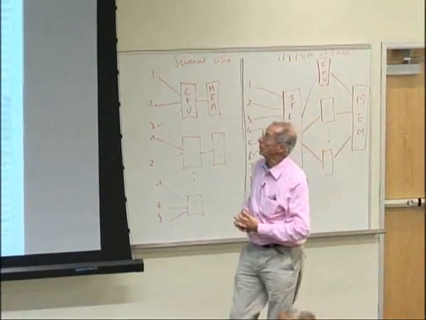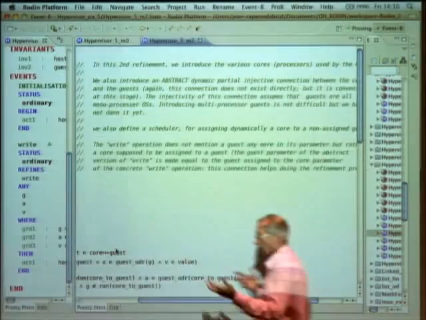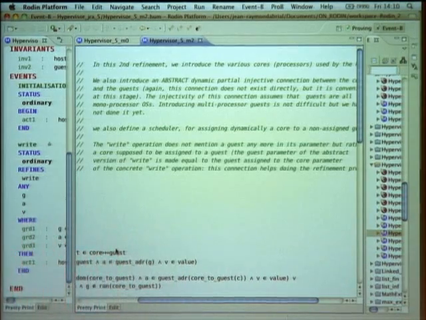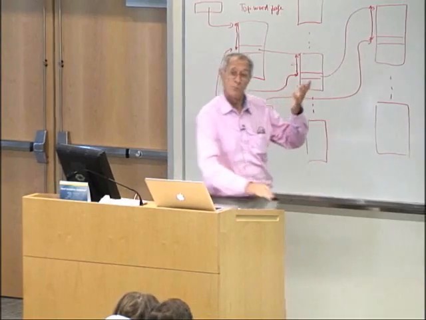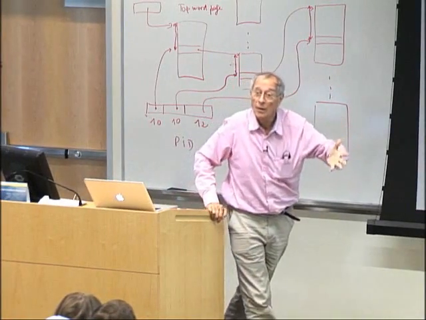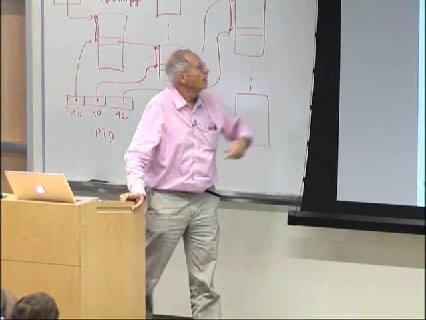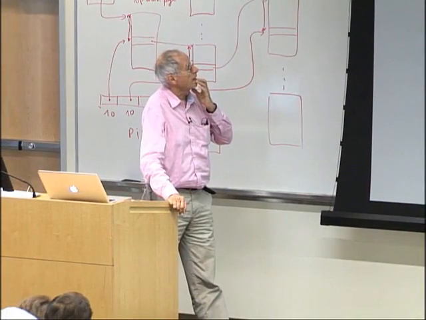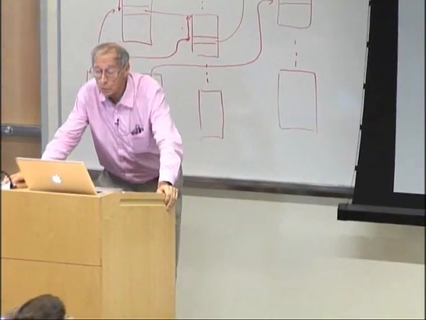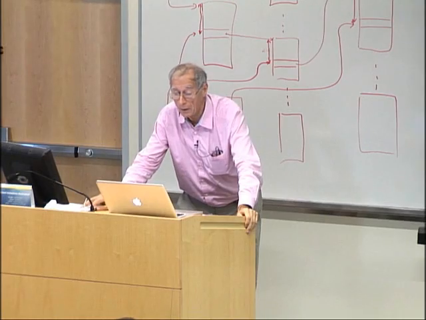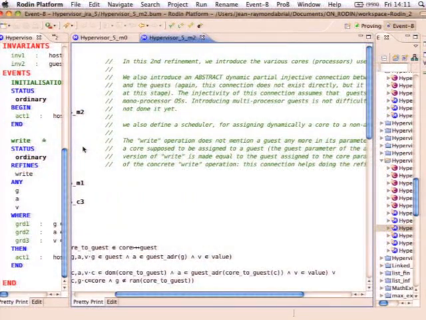So we introduce the various cores, and again, we have an abstract connection, a partial injective connection, partial because we might have more guests than cores in the hypervisor. And so this is the scheduling precisely, which is going to assign a guest to a physical processor.